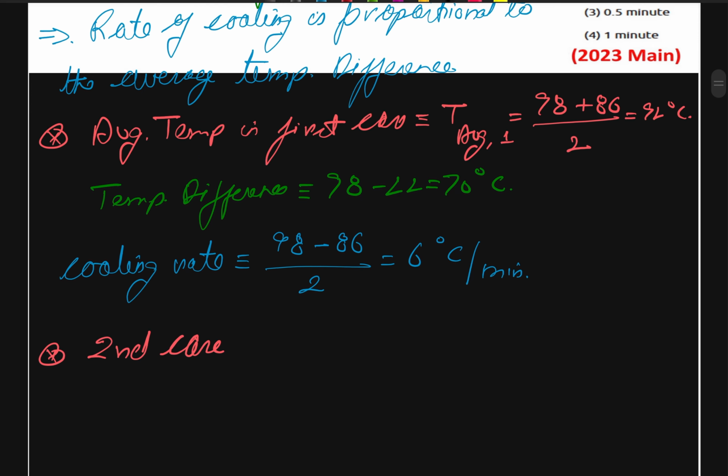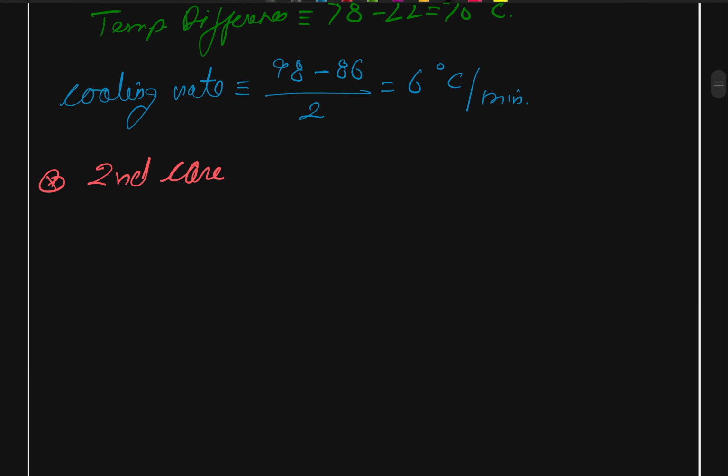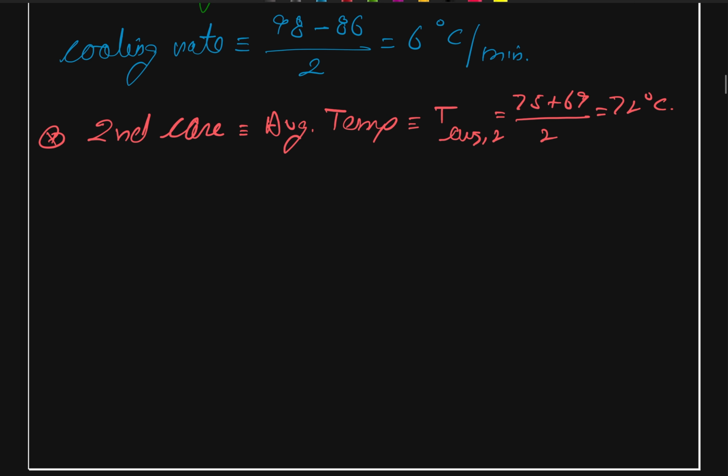Now we come to the second case. For the second case, the average temperature, let us call this T average 2, will be equal to 75 plus 69 divided by 2, giving us 72 degrees centigrade.